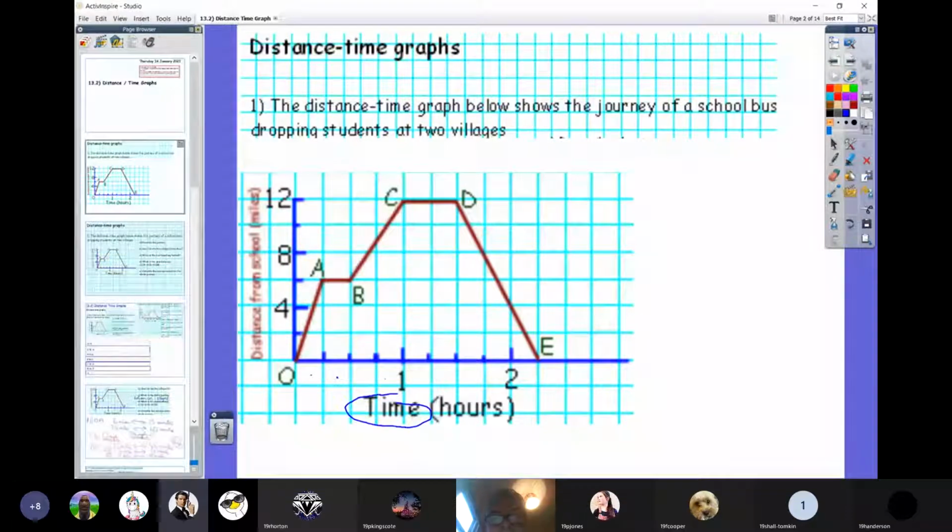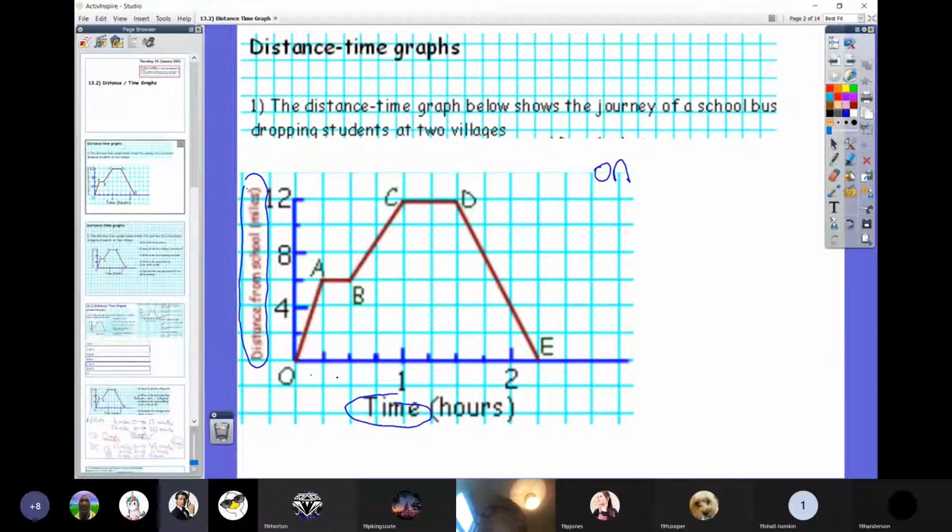Okay, so the distance time graph below shows the journey of a school bus dropping students at 2 villages, and the whole goal here is you've really got to get behind what's going on. So as we're going from O to A, you can see that over that 15 minutes, it'll just come through, just waiting for the lag.